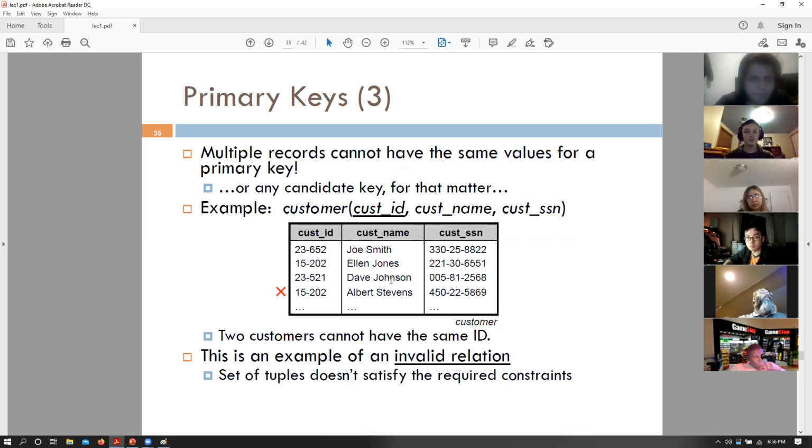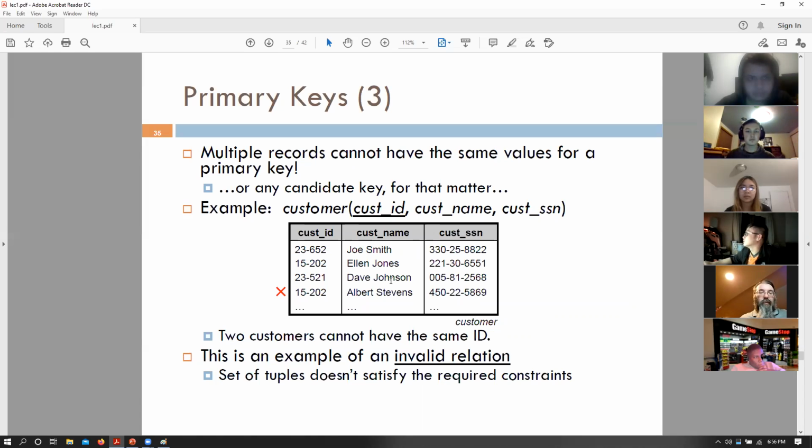Now, multiple records cannot have the same values for our primary key. That just goes to show that our primary keys cannot be duplicates. So for our customer schema, where our customer ID is our primary key, in this particular table, we will have an issue. Our database management system would throw up an error because essentially we have a customer ID that is duplicate across two rows, right?